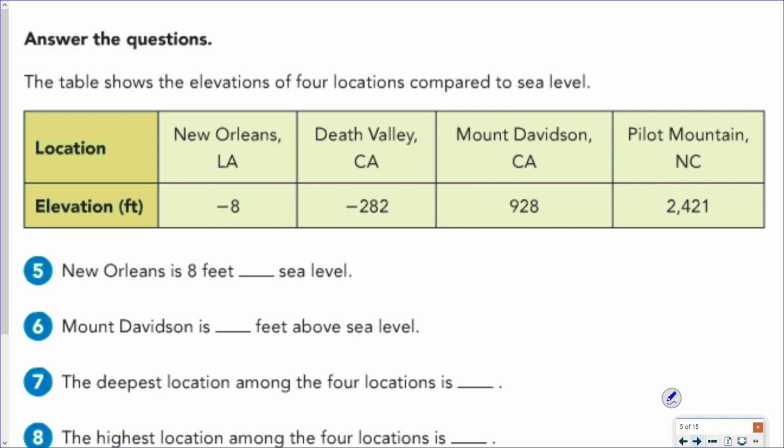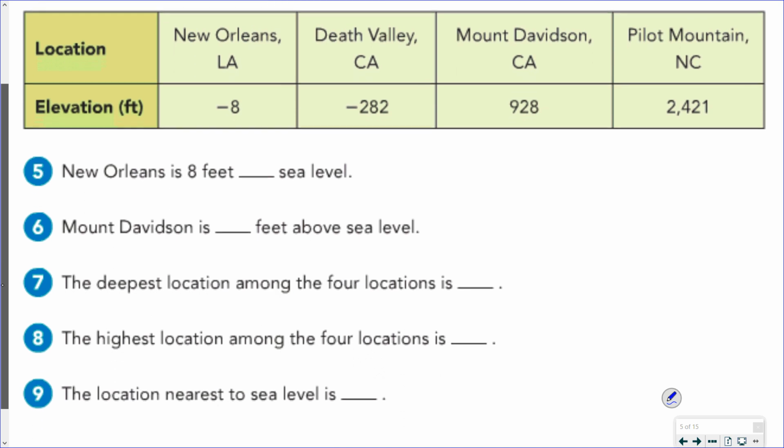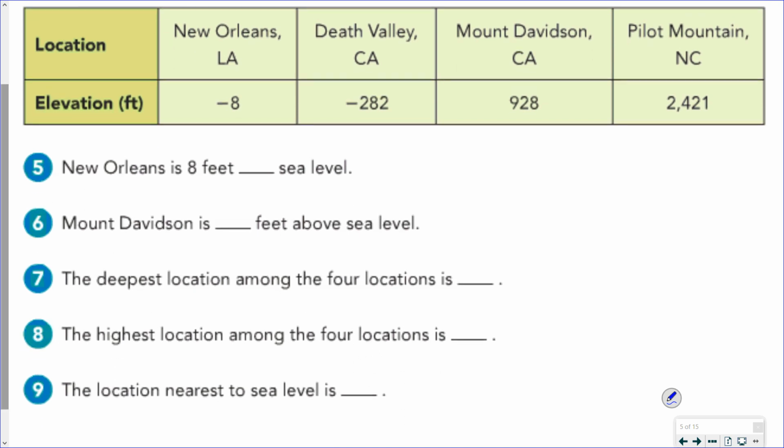And we have a table here with 4 different locations along with their elevations, and we have some questions in regards to those 4 locations. So number 5, we just need to fill in the blank. New Orleans is 8 feet below sea level. We know it's below because we see the value for New Orleans is -8.